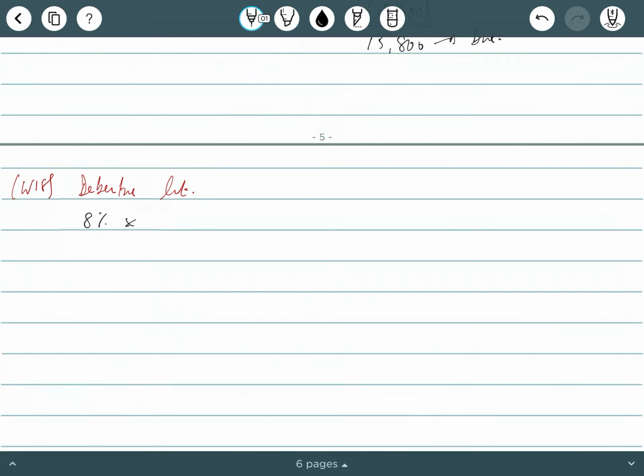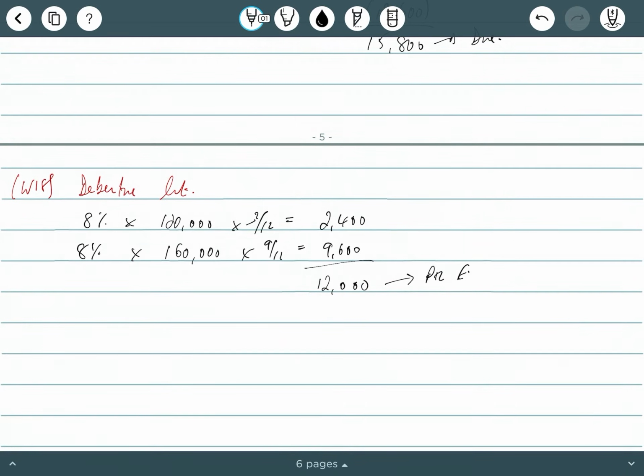So 8% of 120,000 for the first 3 months, and then 8% of 160,000 for the remaining 9 months of the year. That gives you 2,400 and 9,600, giving you a total of 12,000. So that is your expense for debenture interest.